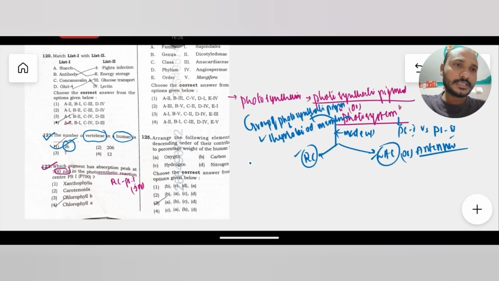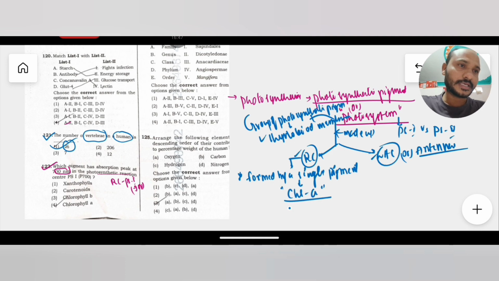Generally, the reaction center is formed by only a single pigment, and that single pigment is chlorophyll A. Very important. Hence, chlorophyll A is known as the universal pigment.